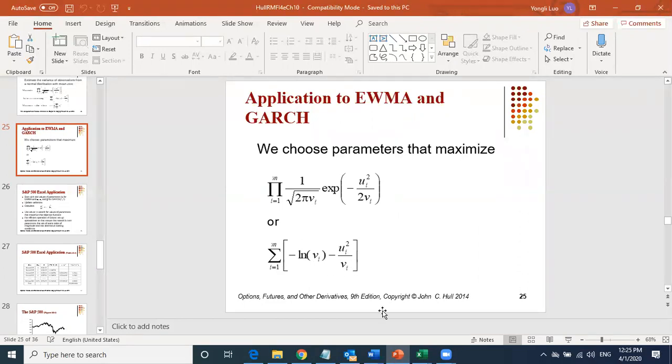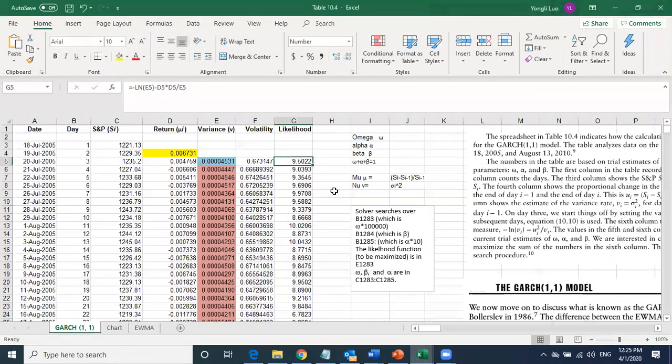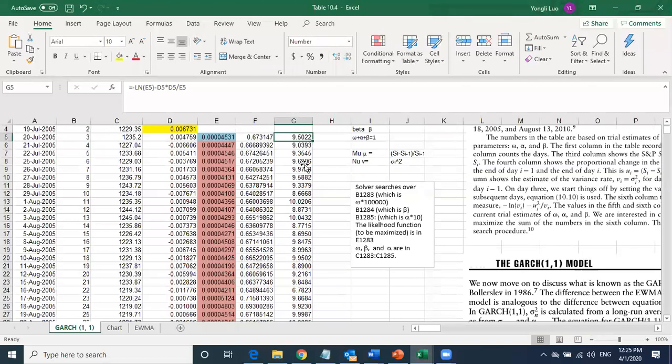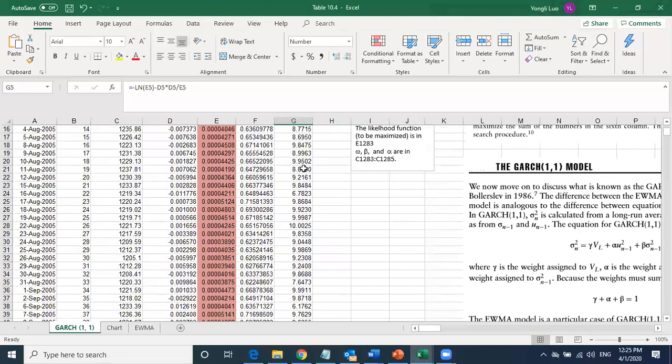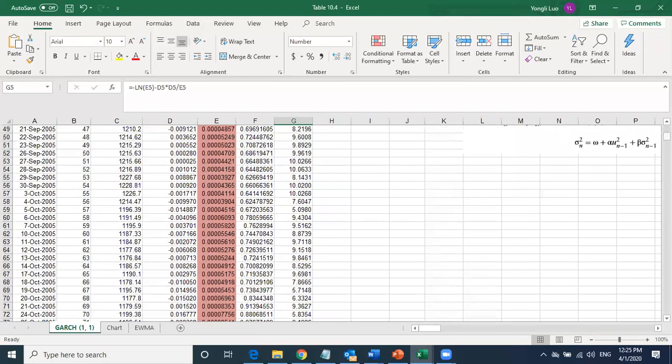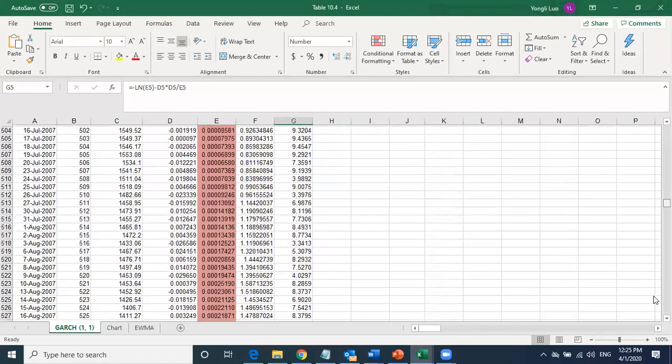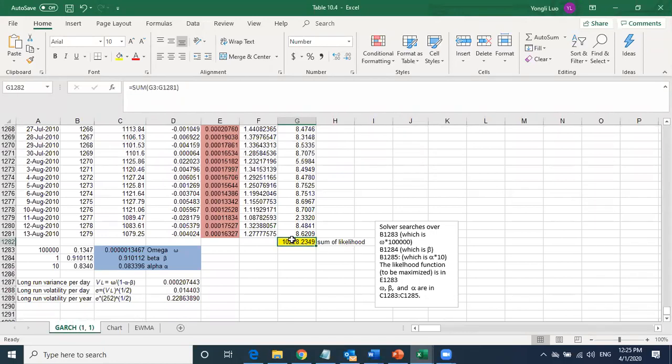This is the formula we use for the likelihood, and you sum them all up. The number we highlighted right here is the sum of the likelihood.